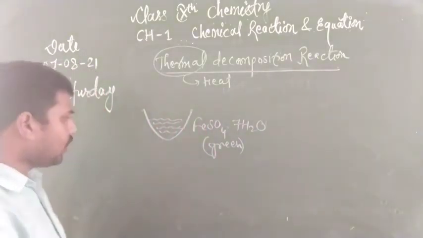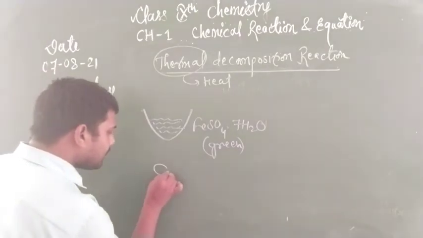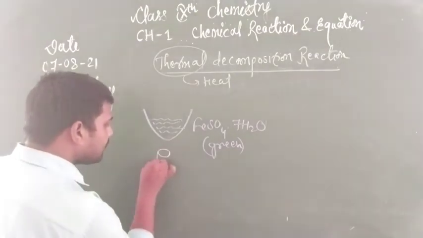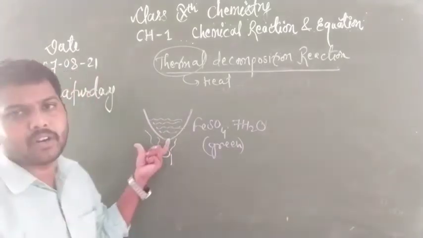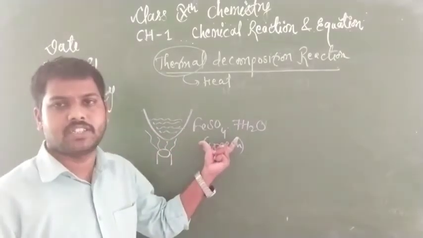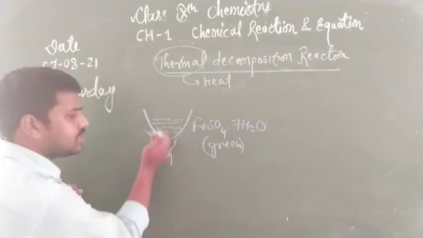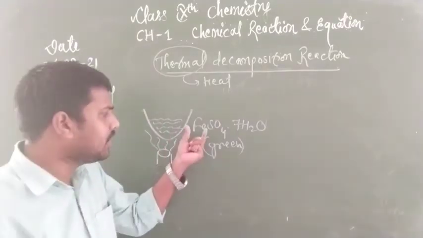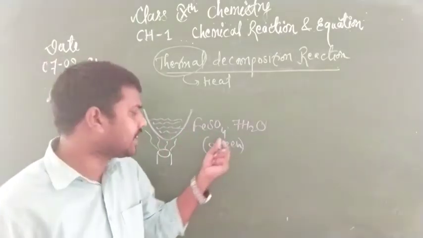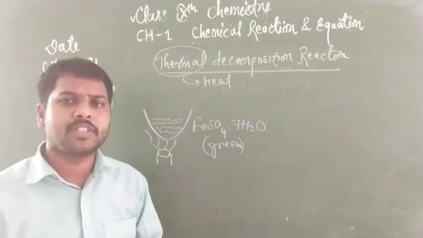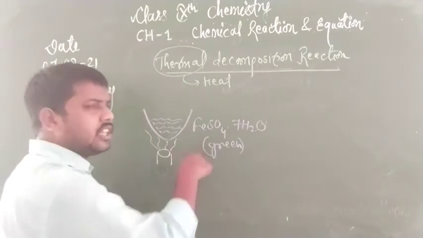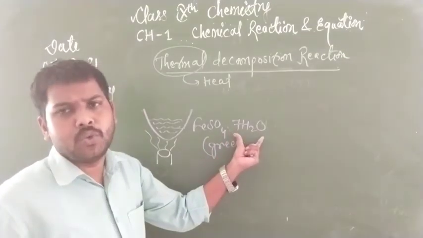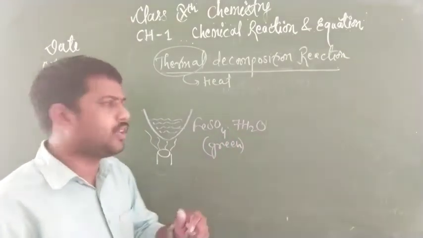Okay? Now children, start burning, or you can start giving heat to this China dish which contains this crystal. जब हम हीट देंगे इस चाइना डिश को, जिसमें हमारे फेरस सल्फेट हेप्टाहाइड्रेट है, जिसका कलर ग्रीन है, तो after some time we will observe that this crystal loses its water molecules.